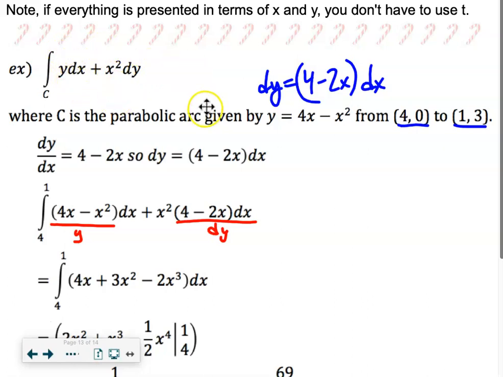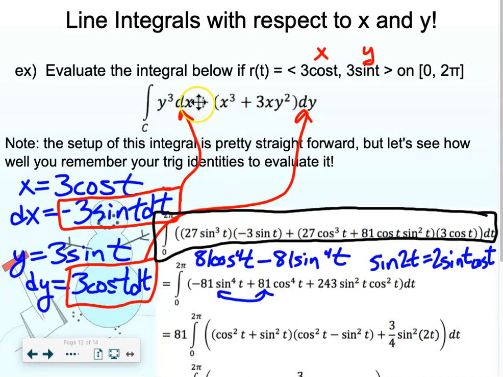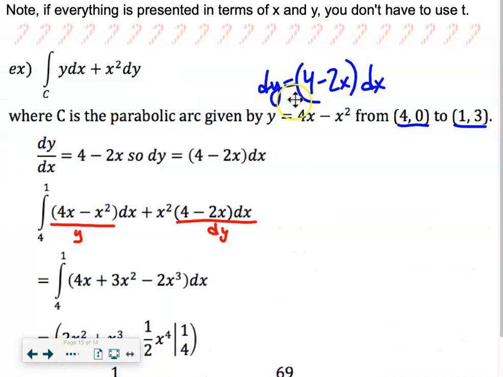When you're given a function in this format with the dx and the dy and in 3 dimensions with a dz, then if you're given your R of t in terms of t, you just do some replacing. Replace the x's with what x is, replace the y with what y is, then solve for dx, solve for dy, and replace the dx and the dy, and then everything's in terms of t. But if you're given an R of t that's just in terms of x and y, you never even have to go to t's. You just replace what you need to and keep everything in terms of x.